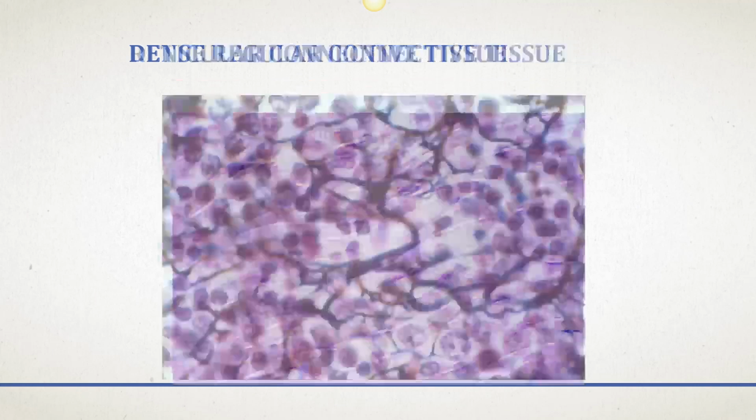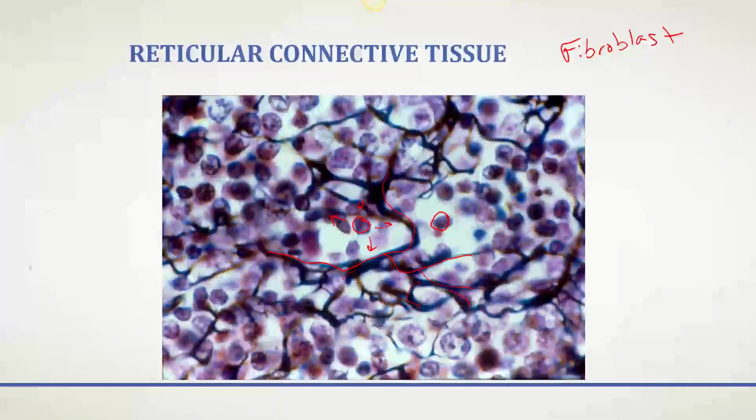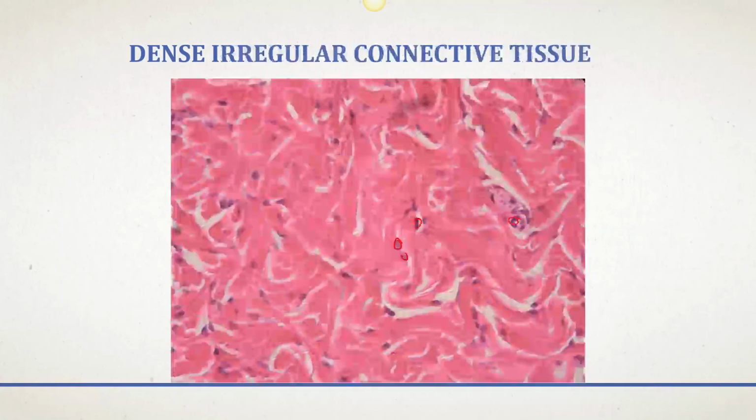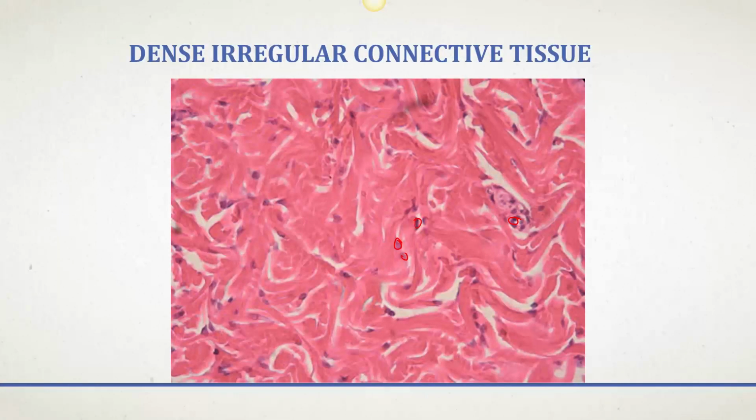So if we go back to reticular connective tissue, for features you can write like dark black matrix. For dense regular connective tissue, you can write down sheets of collagen. For dense irregular connective tissue, you can write down swirls of collagen. It really doesn't matter as long as you are able to identify what it looks like on an exam.